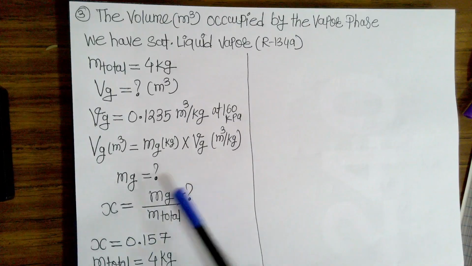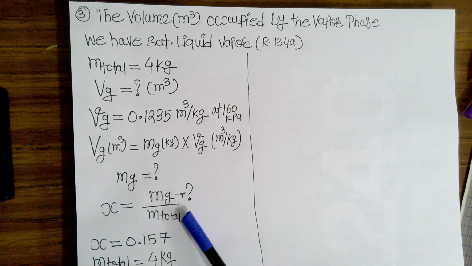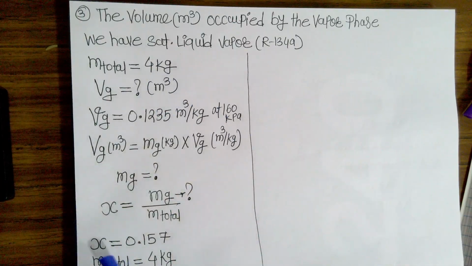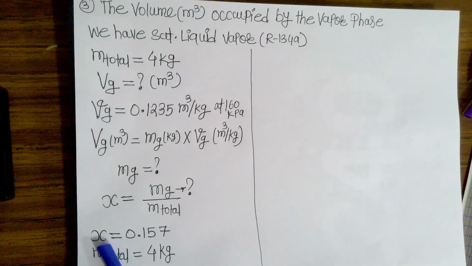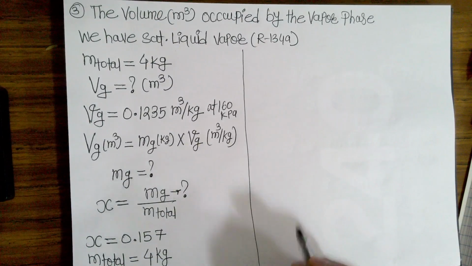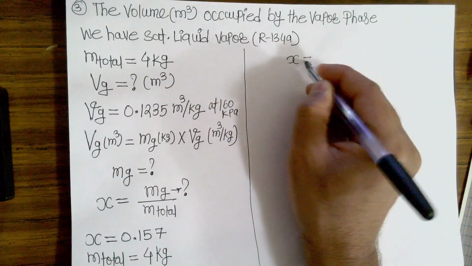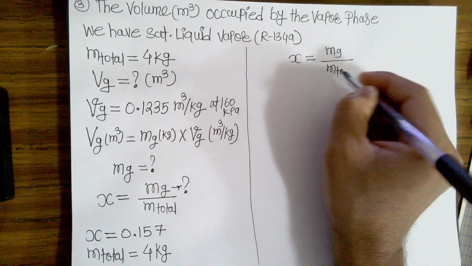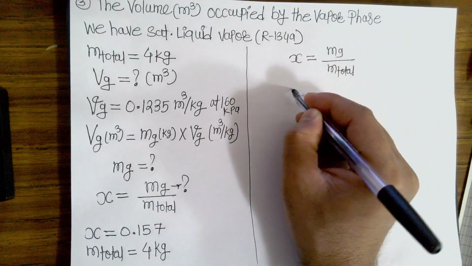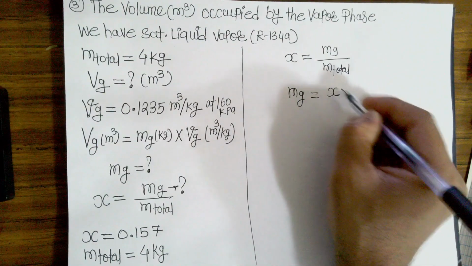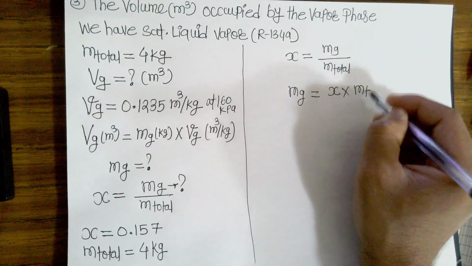So dryness fraction is mass of vapor divided by the total mass of refrigerant, which is already given to us, 4 kg. And we know that dryness fraction is 0.157. So I will write here dryness fraction is equal to mass of vapor divided by total mass of refrigerant. I can write mg is equal to x multiplied by the total mass.